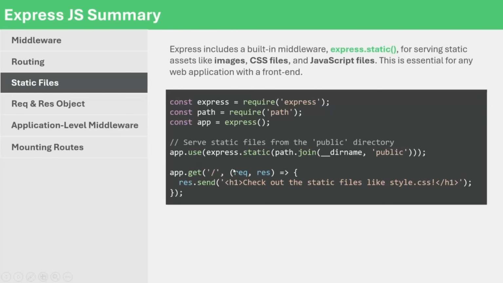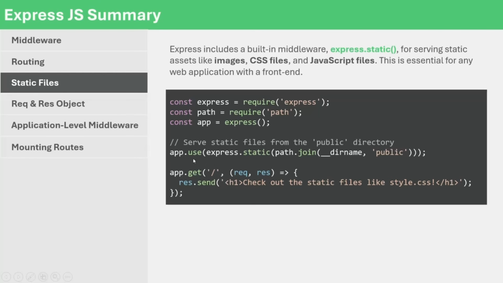Then we also learned how to serve static files from our Express application. For that, on the Express object, we have a method called static, which we can call. And to that static method, we can specify the folder path, which is going to store all our static files. So for serving static assets like images, CSS files, and JavaScript files, Express provides a middleware, which is returned by the static method, and that middleware makes a folder public, and any file inside that folder can be served as a static file.